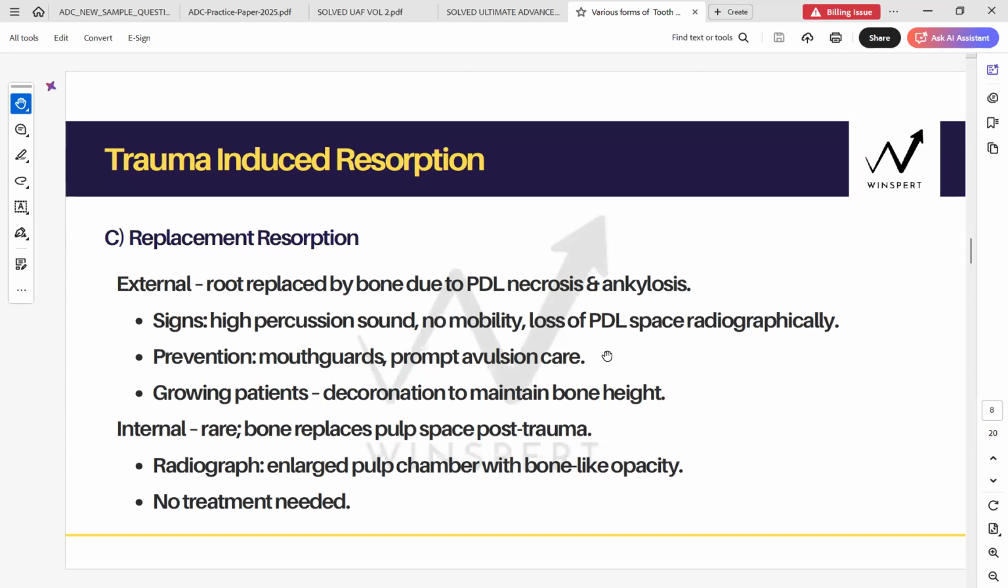Maxilla will grow, mandible will grow, and usually with avulsion your maxillary teeth get affected. If the crown was there, bone will not be able to crawl up on it. But if you remove the crown, put the gingiva back and suture it, and the root remains embedded, then bone can overgrow the root.